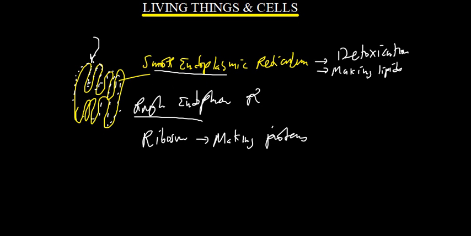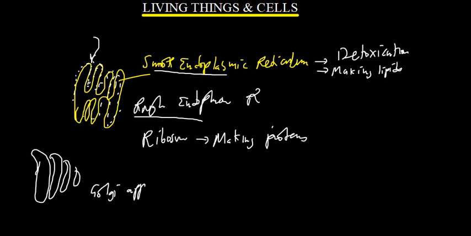And then there are other organelles that you are going to see. They look like this. So it is packages like this. If you see organelles like these ones, we call them the Golgi apparatus, or also known as Golgi bodies.